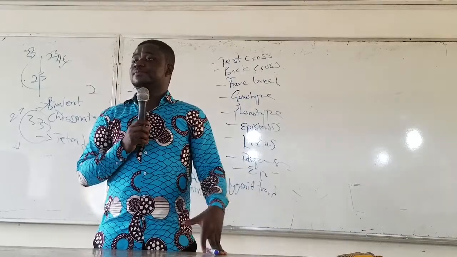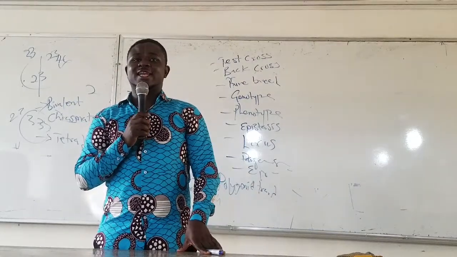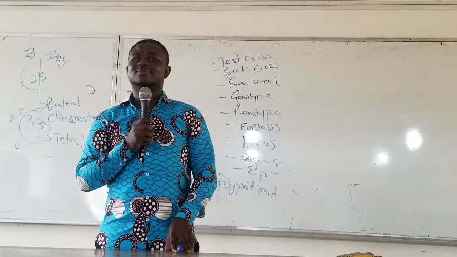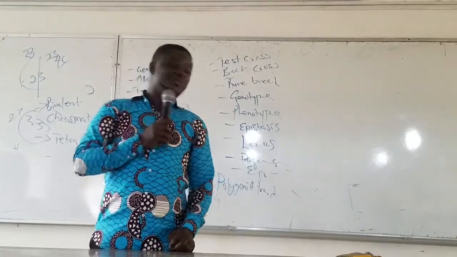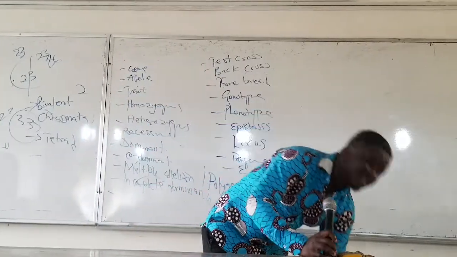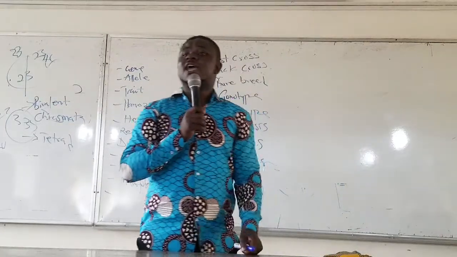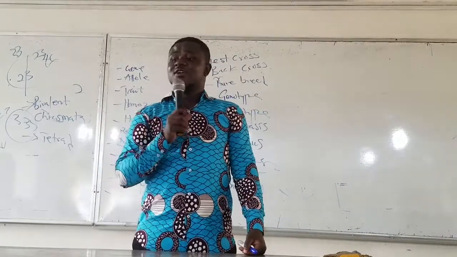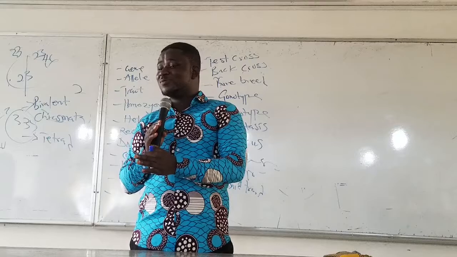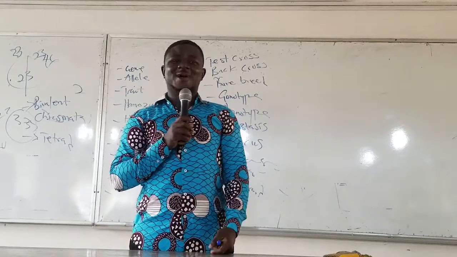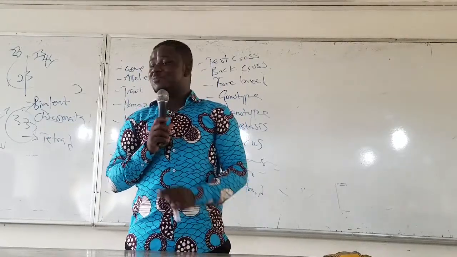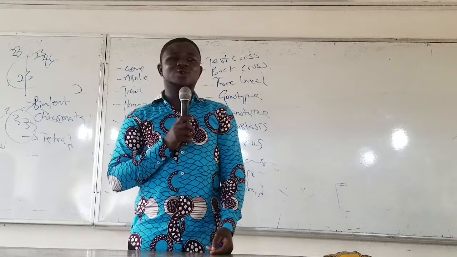What's the difference? Anyone who attended Wesley Girls High School? Nobody. Who attended Gay? You. Which school? The disciple. Okay, I'm also a disciple. You want to explain? But before then, I want a Gay girl to explain.